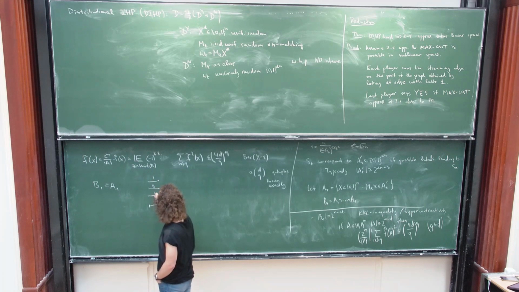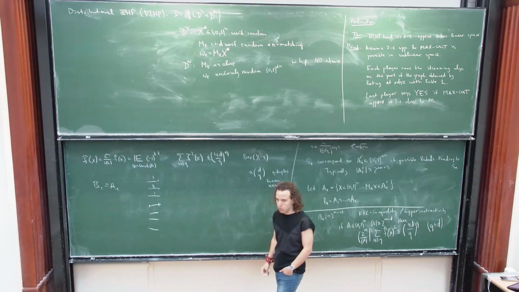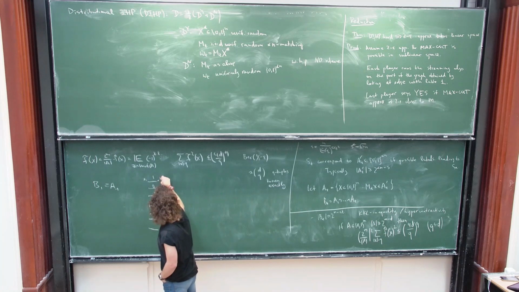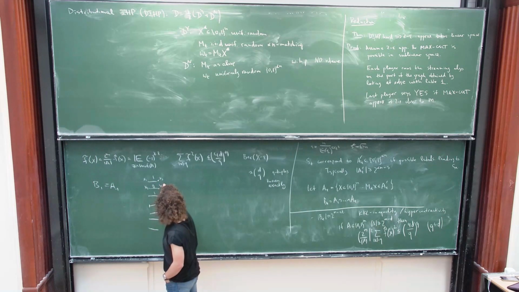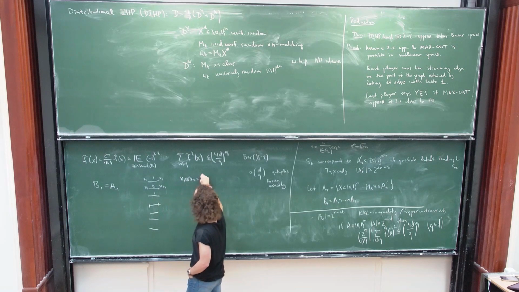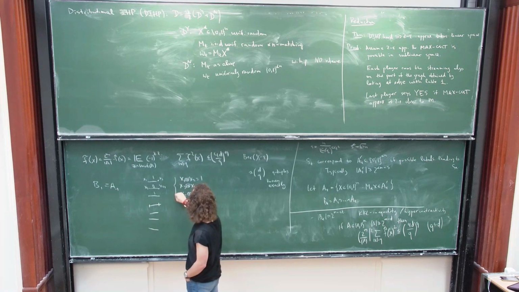Say these are 1, 0, 1 or something like this. So this is x1, x2, x3, x4. The set is x1 XOR x2 is equal to 1, x3 XOR x4 is equal to 0, x5 XOR x6 is equal to 1.